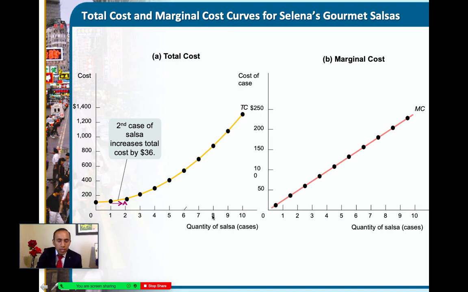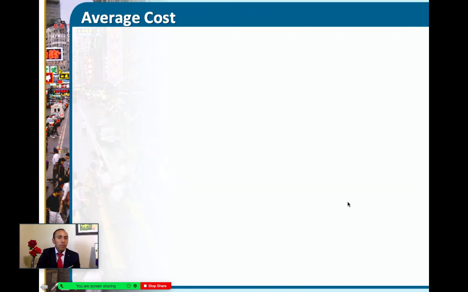And then the total production of 8 cases, those are 2 different questions. The total production of 8 cases is about $900, between $800 and $1,000 in this graph. From 7 to 8, or at the margin here, you're looking at an additional cost of 180, basically here, from 600 to 800. That is the 8th case by itself. Make sure to note the distinction of those 2. They're very different.